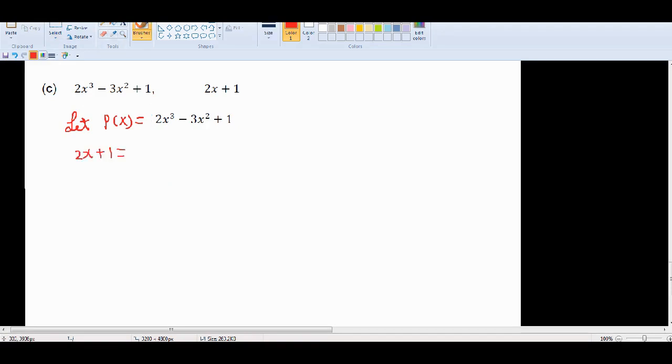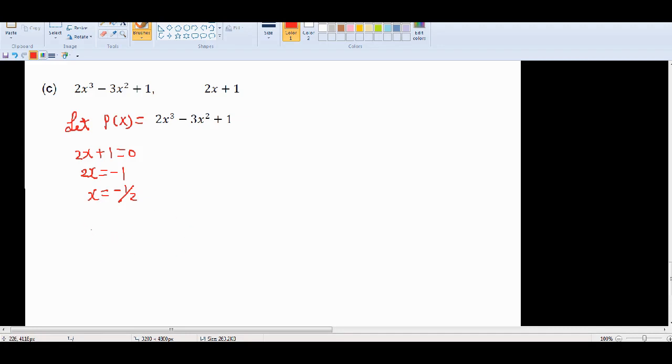Then I'm going to make our divisor 0. To find the value of x that makes this divisor 0, you need to spend a little bit of time on it. Actually, the x you are going to substitute into the polynomial will be minus half.